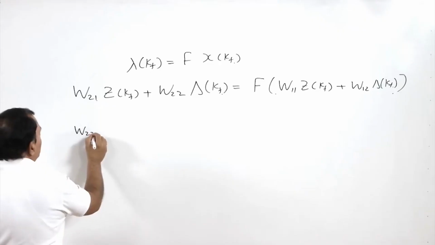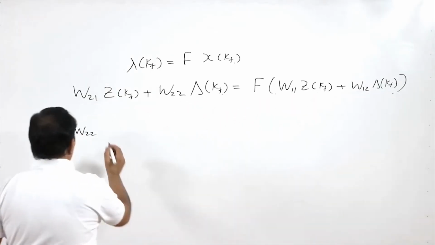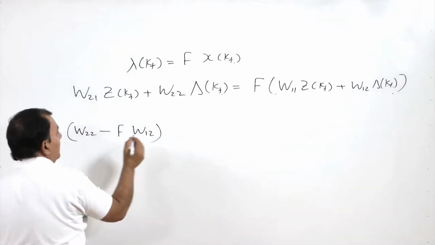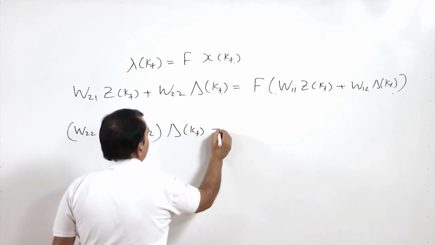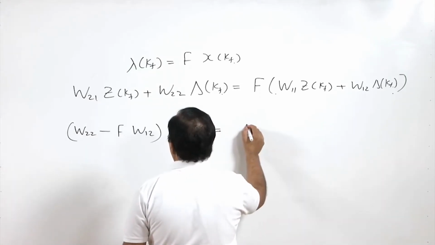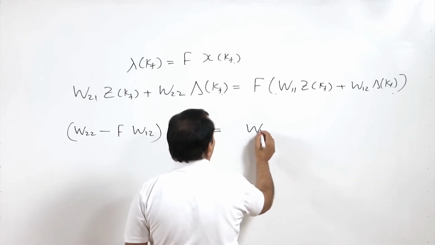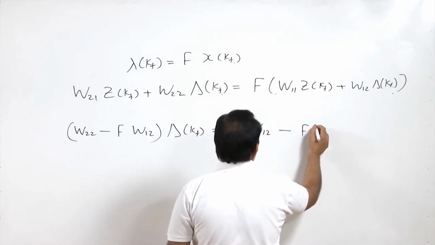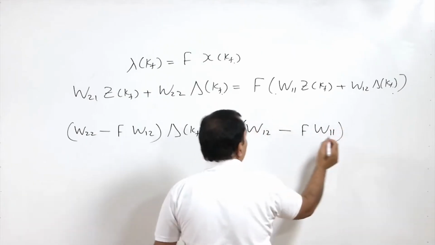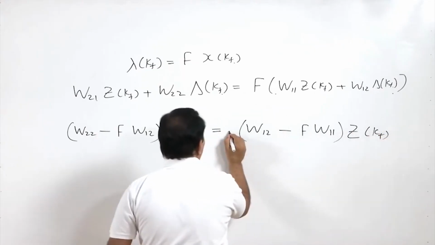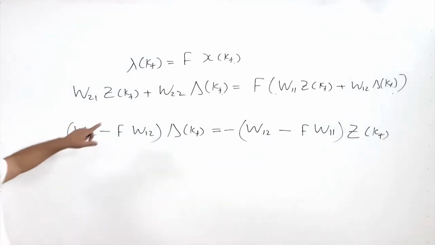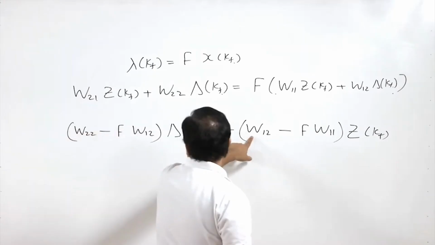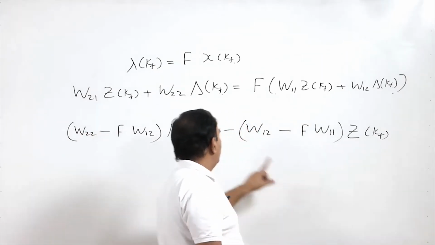So, this is (W22 minus f W12) multiplied with del(kf), and this is equal to (W12 minus f W11) z(kf) with negative sign.